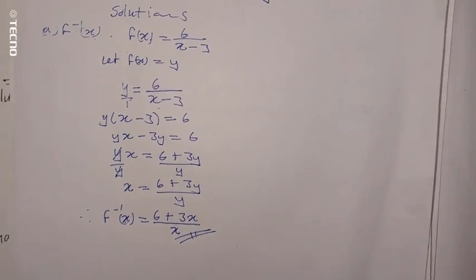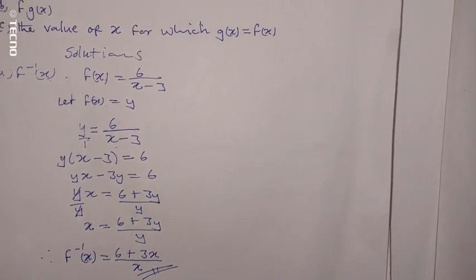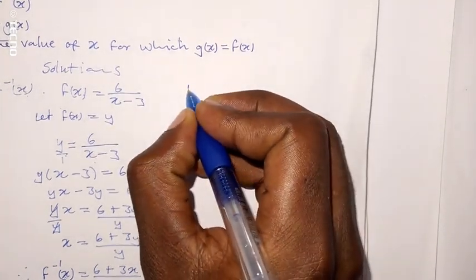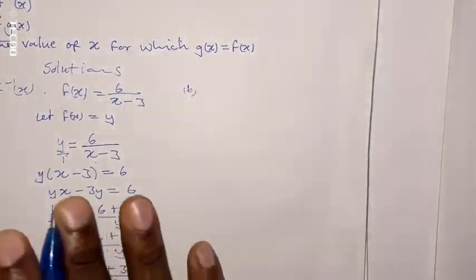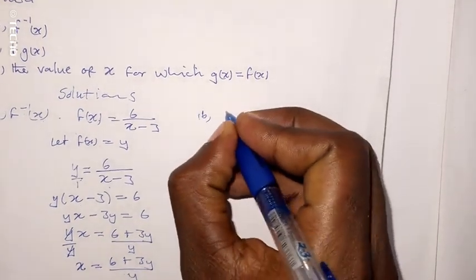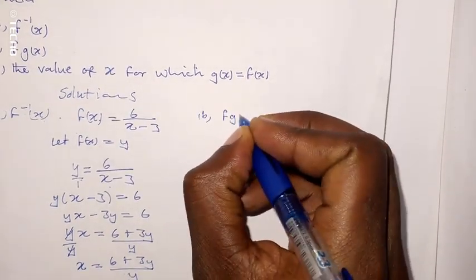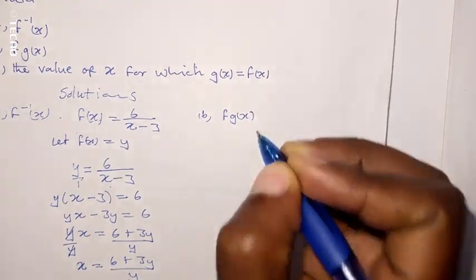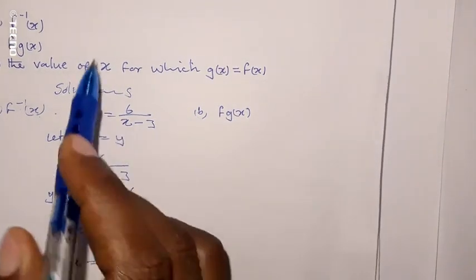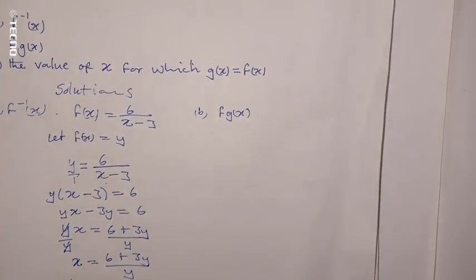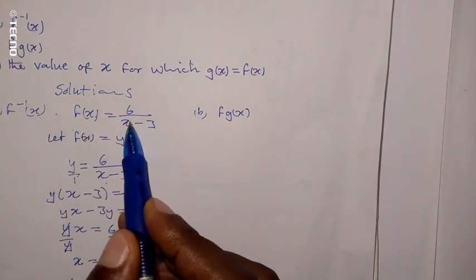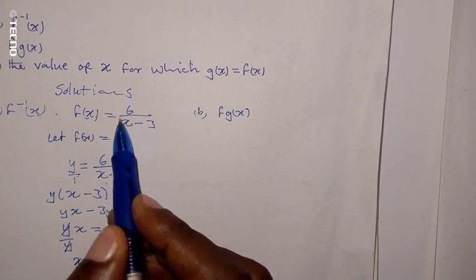Having the inverse, we can proceed to the next question. Next question, it's B. Here we are asked to find f of g x. So we are calculating f g x like this. We know our f is this one. In this f, we replace x with g x.